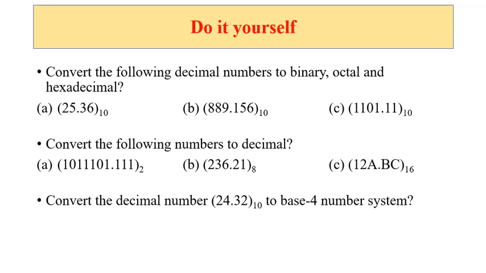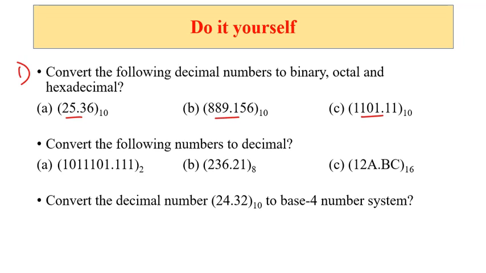In the first example, convert the following decimal numbers into the other three number systems. We are given three decimal numbers and asked to convert them into binary, octal, and hexadecimal. For the conversion of each, that is A, B, C, all three involve both procedures, that is division and multiplication.